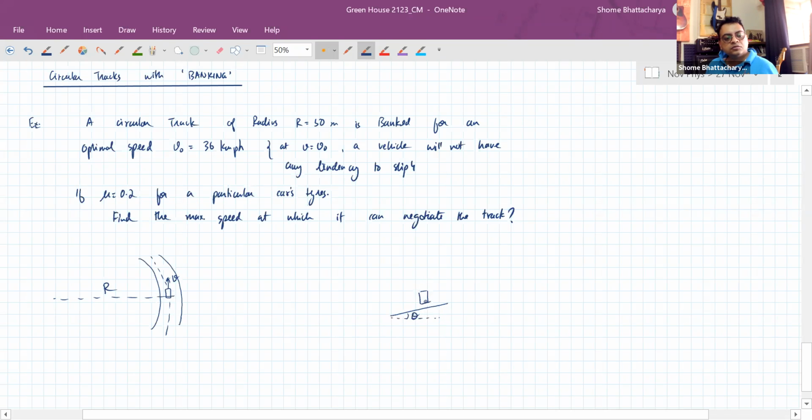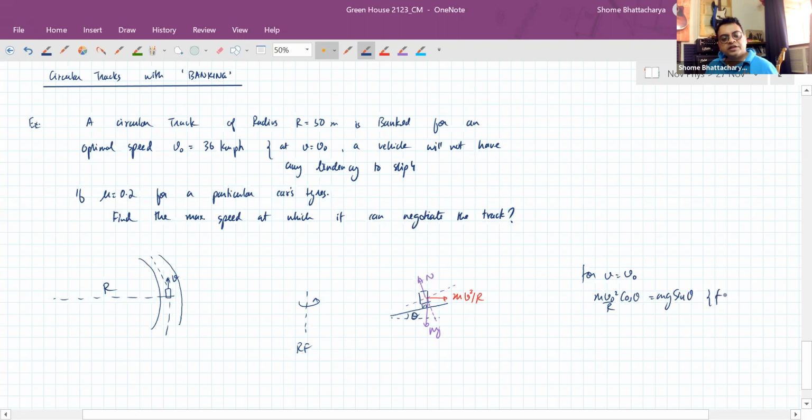So if we are in the rotating frame, we'll see that there is centrifugal force. We will write it as mv square by r. Weight and normal contact force. Now we know that for V equal to V naught, this happens.